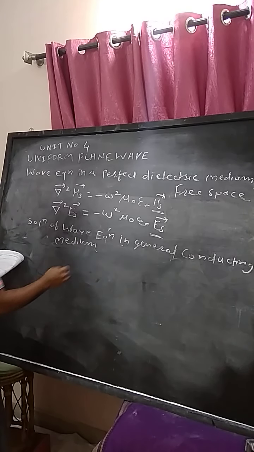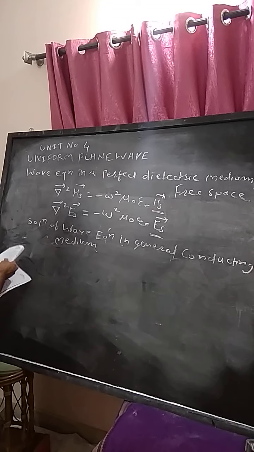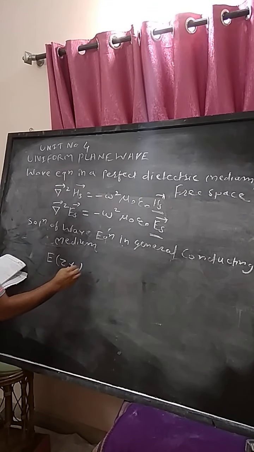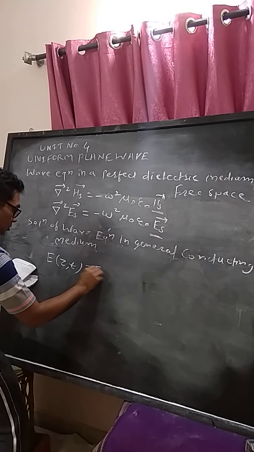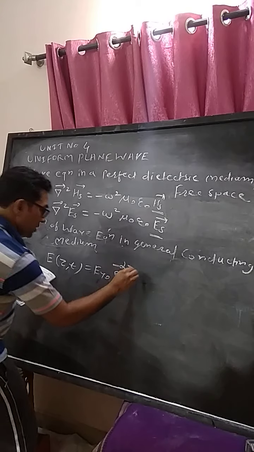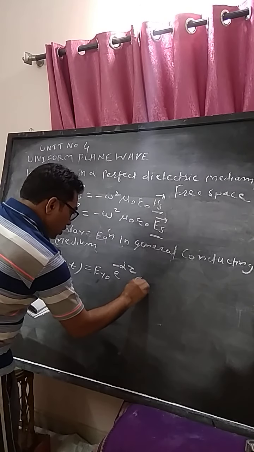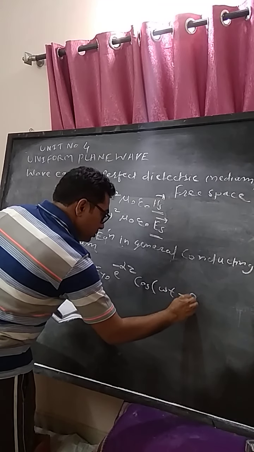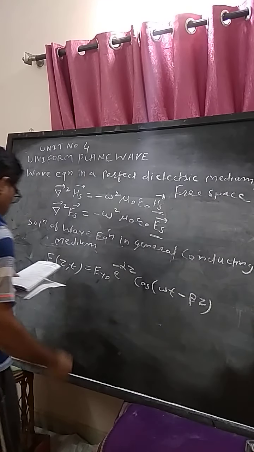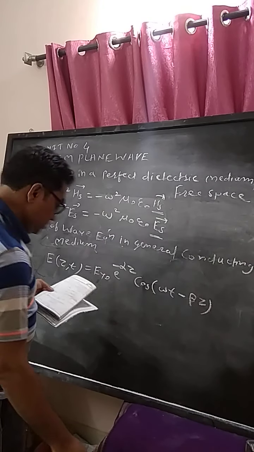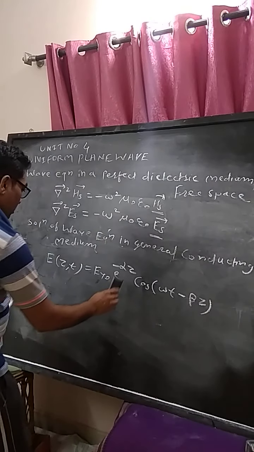For this the equation is E of z comma t equal to Ey0 e raised to power minus alpha z into cos of omega t minus beta z. So this equation is called the solution of wave equation in general conducting medium.